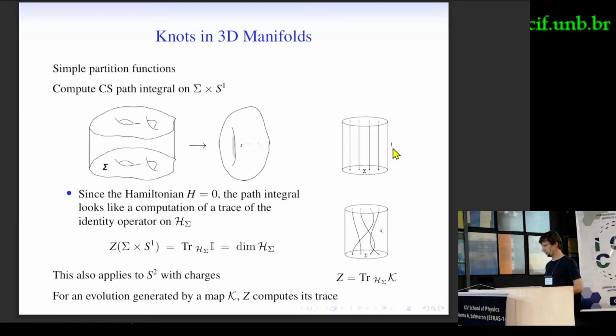Well, this is actually computing traces of braids, right? This is something we did last time. We discussed matrix representations of braids, and then we discussed computing traces.